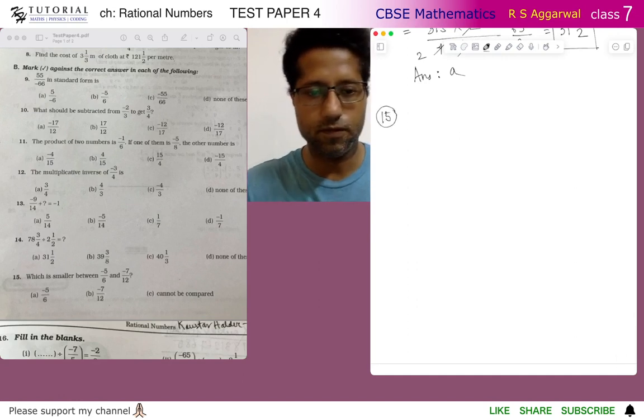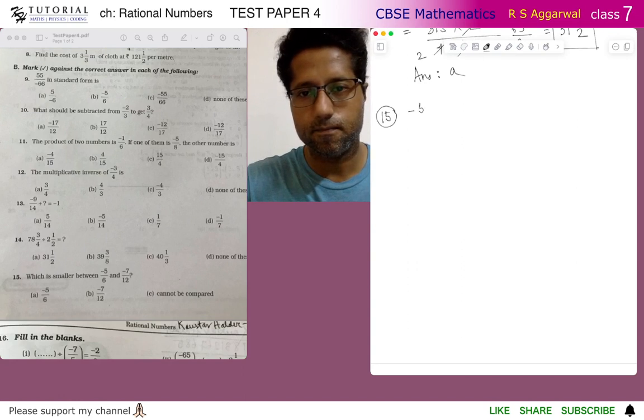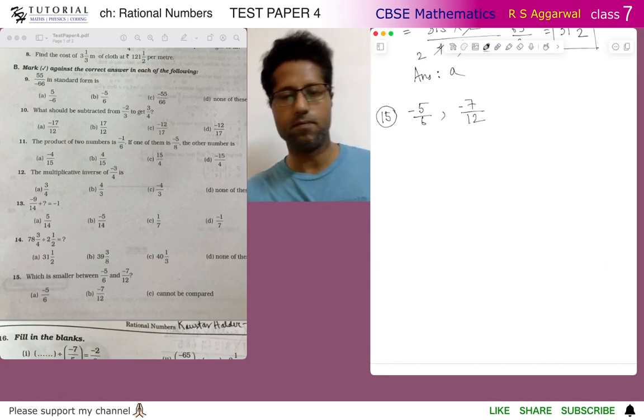Which is smaller between minus 5 by 6 and minus 7 by 12? So it is a comparison of two rational numbers problem. We have to compare.